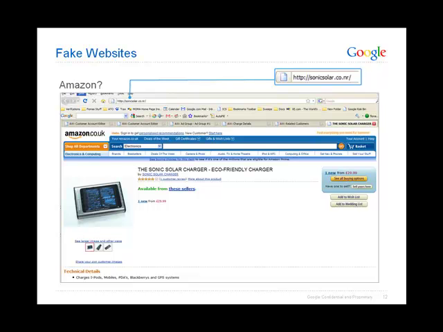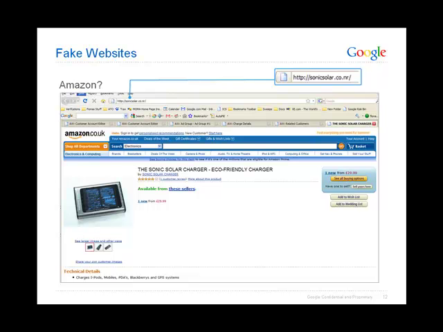Amazon.co.uk or Amazon.com? No, it's actually sonussolar.co.nr. The original location of this website is actually on a tiny island in the South Pacific, but the site looks pretty convincing. As mentioned before, banking institutions are spoofed quite often as well, but for more obvious reasons.